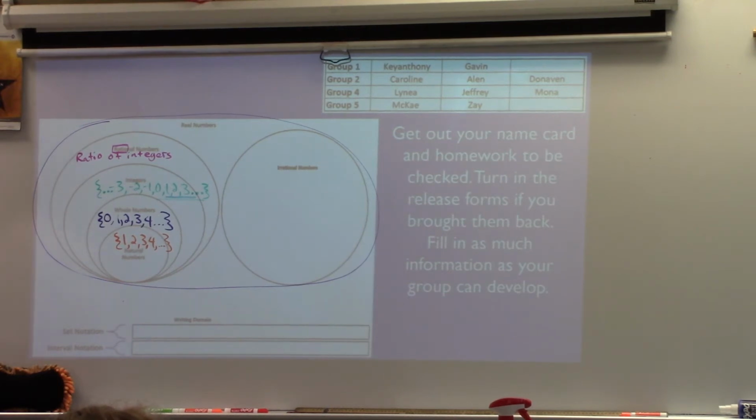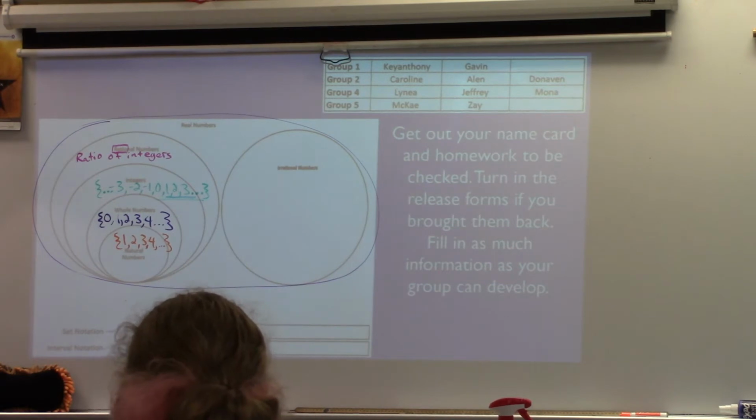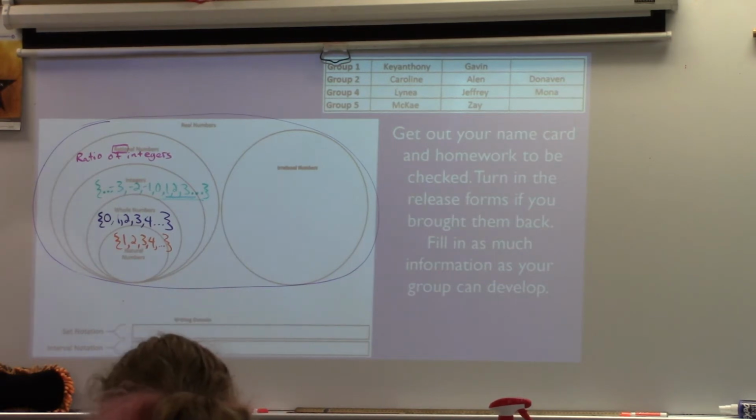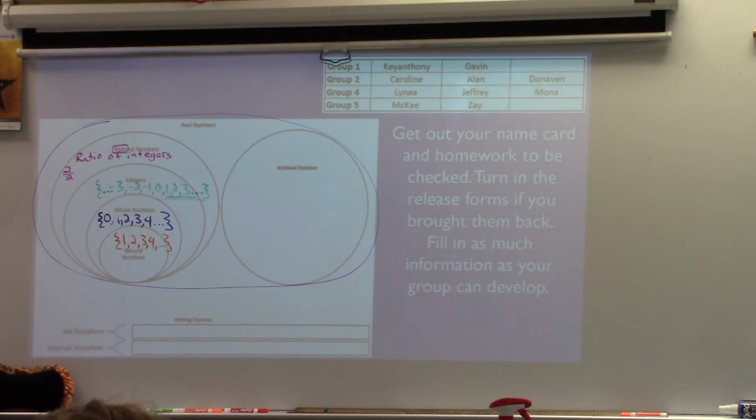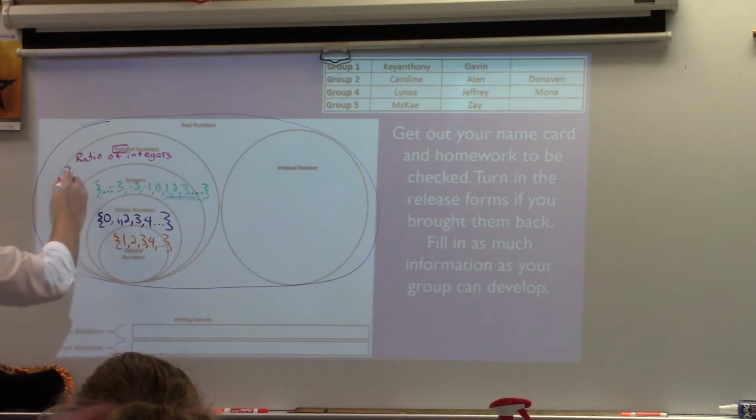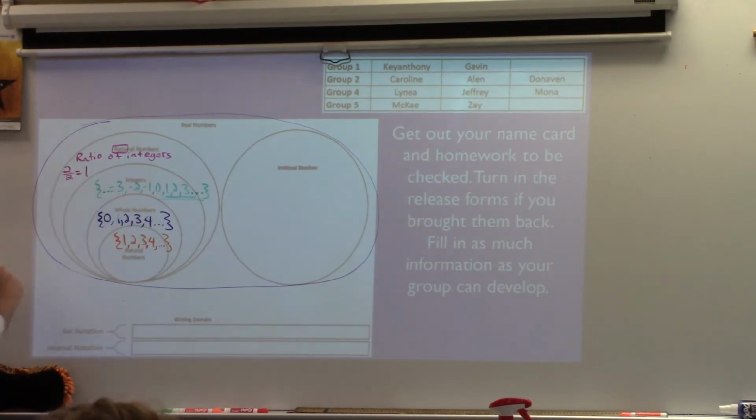Let's work on that mathematical language. When McKay says over, what does he really mean? 2 divided by 2, right? Is that a ratio of integers? Yeah. And it simplifies to 1.